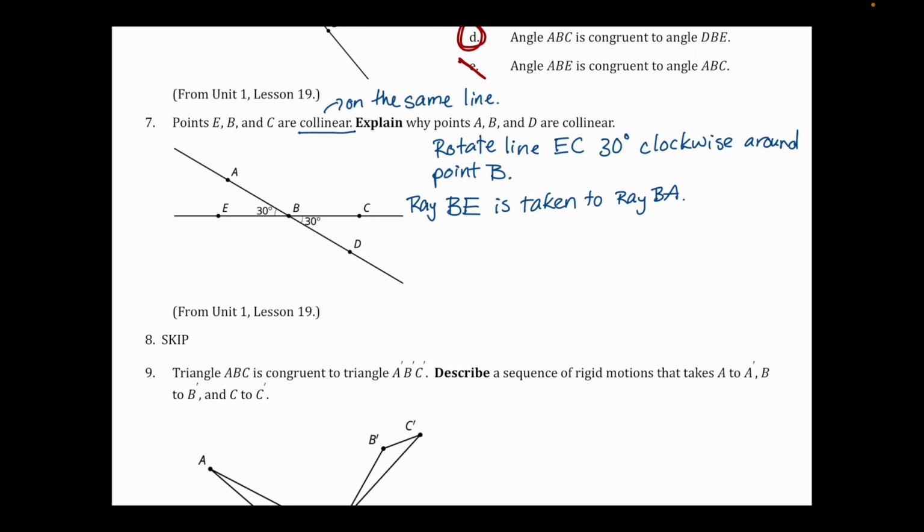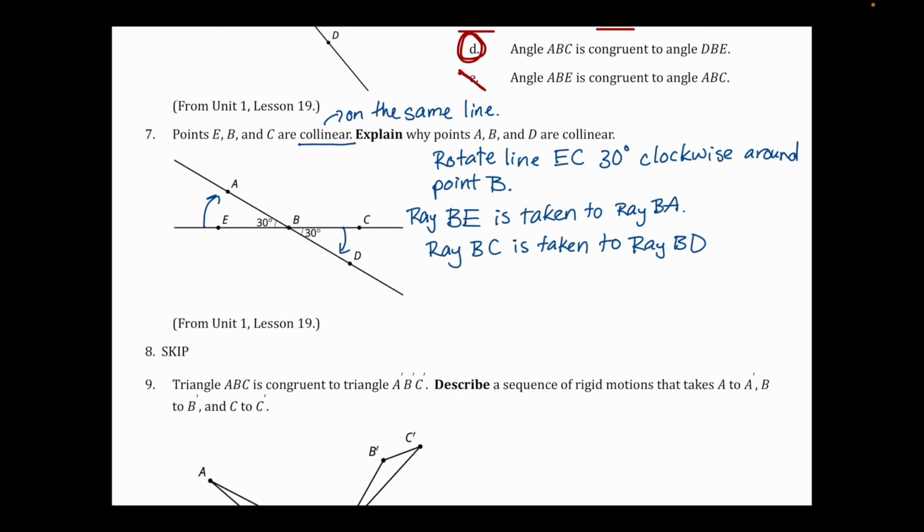That's the result. And then we also have that ray BC is taken to ray BD. So essentially what we have is that this lands here and this lands here.